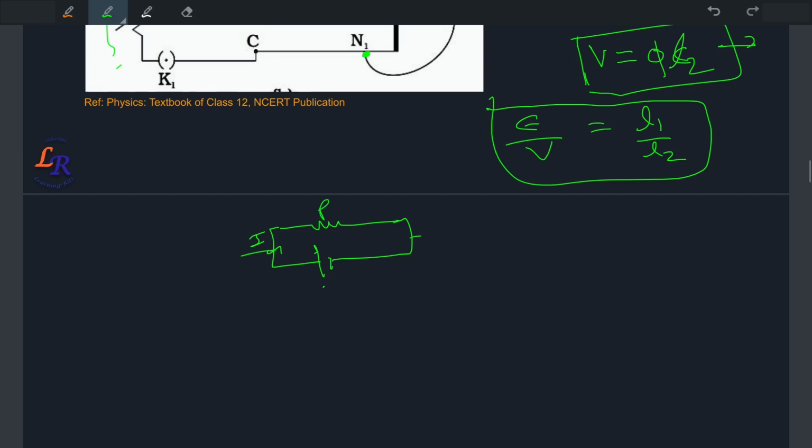If the internal resistance is r, then Ir is dropped here, so it can be written as V is equal to the EMF epsilon minus Ir. So it would mean that you can write Ir is equal to epsilon minus V, and you can also write V is equal to I into R.